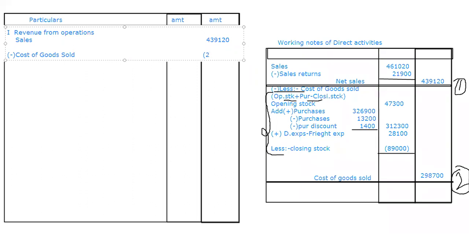This one, we found it earlier here, 2,98,700. Now you tell me minus these two things and tell me how much is the net amount. That will be our gross profit. That we are going to call it as a gross profit.